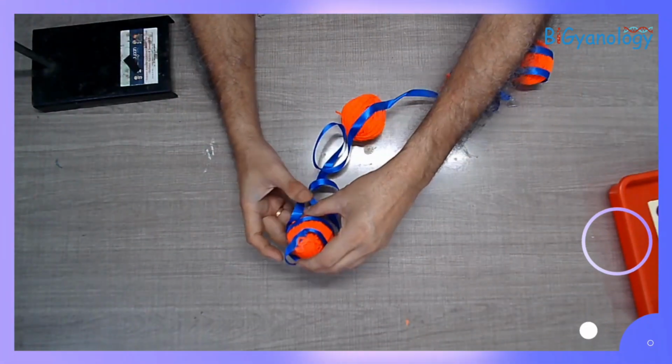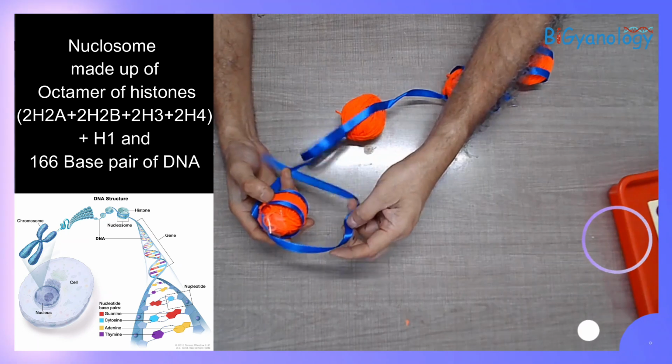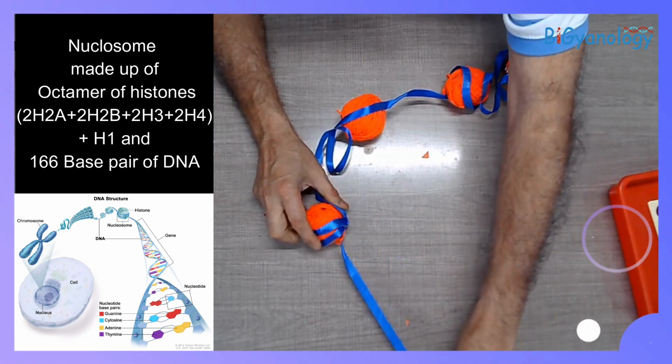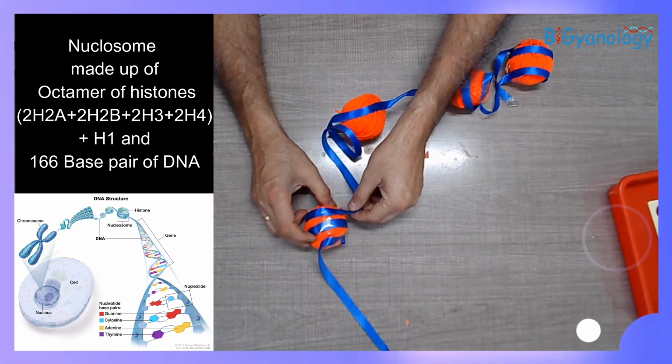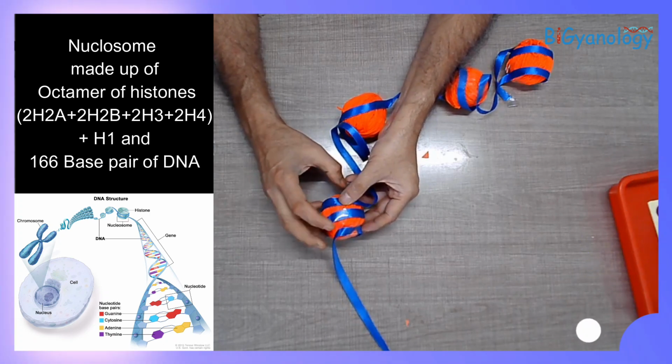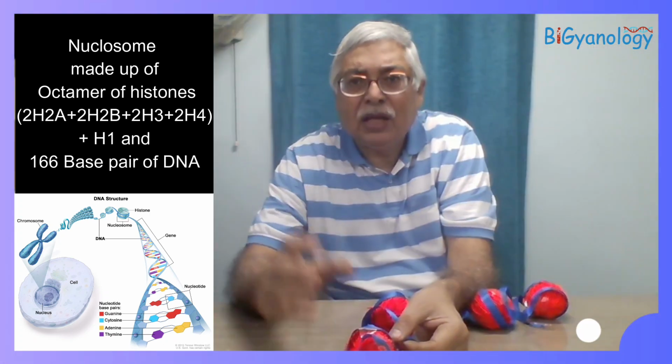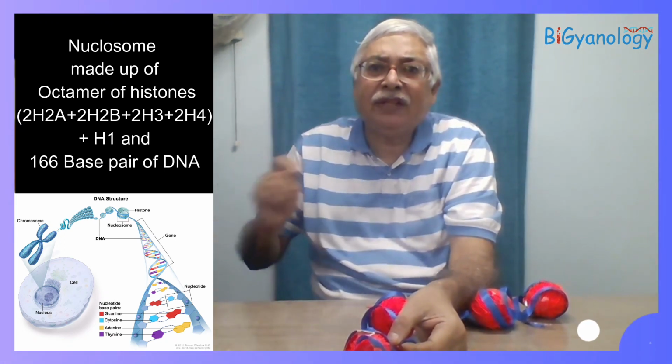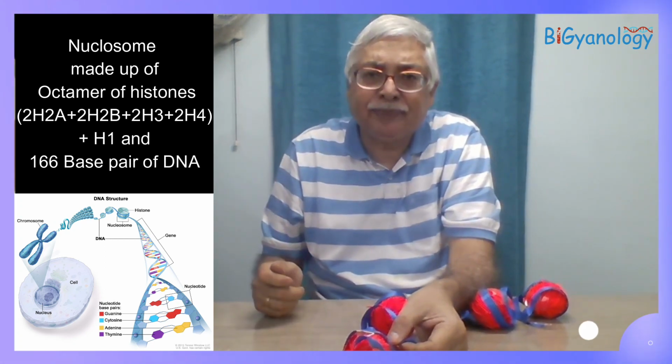Now how is this DNA in a chromosome? Suppose the blue one is the DNA chain, which in a chromosome is wound around histones. A chromosome is made up of a single, long chain of DNA which is highly supercoiled.